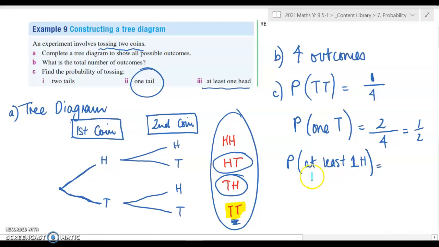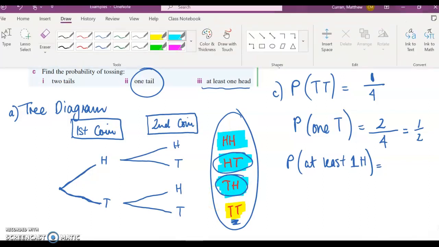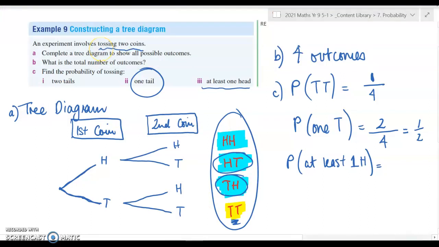So let's go through the outcomes and highlight those which have at least one head or more. That one has at least one head. This one has at least one head. And this one has at least one head too. In fact, it has two heads. So the answer there will be 3 outcomes out of 4.